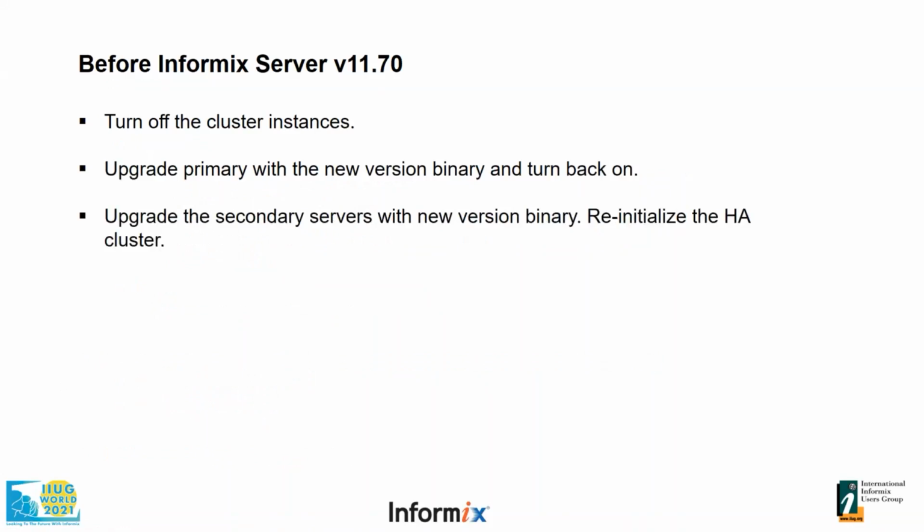In case of conversions, you had to take down your entire cluster and then convert your primary to the new binary, new version, and then turn it on, and then later on you convert one secondary one by one to the new version, and then you had to reinitialize your cluster using the ontape or onbar utilities to take a backup and then restore, and then using onmode -d commands to set up your secondary servers. Okay.